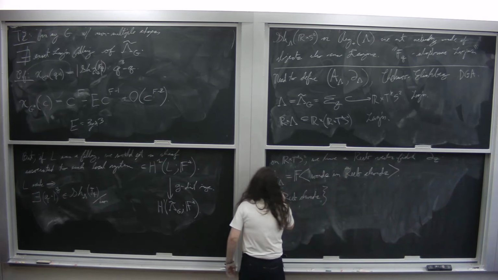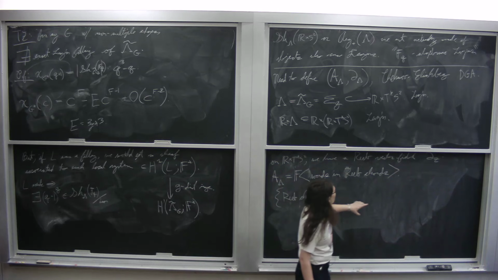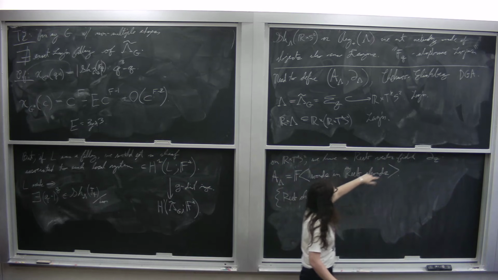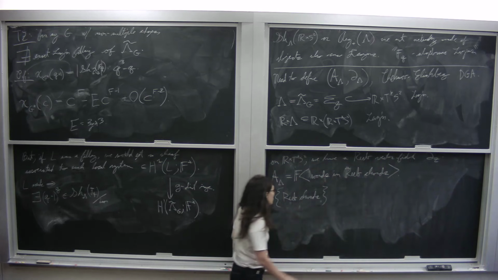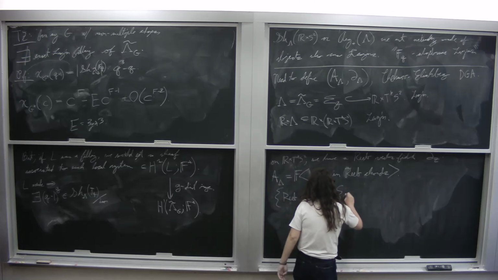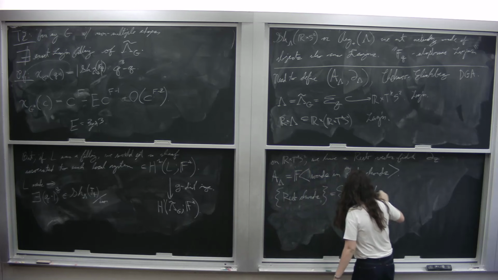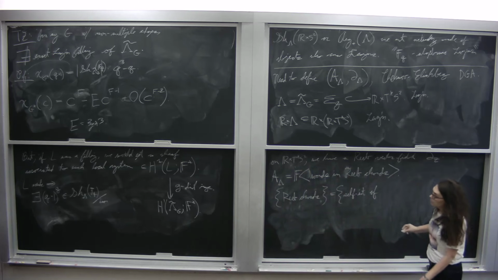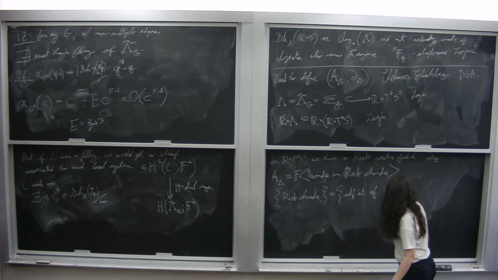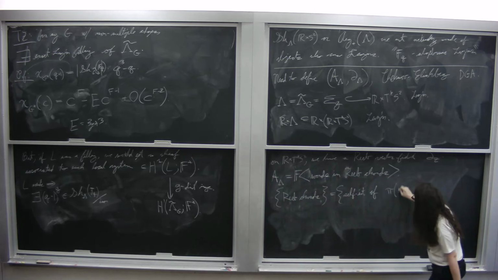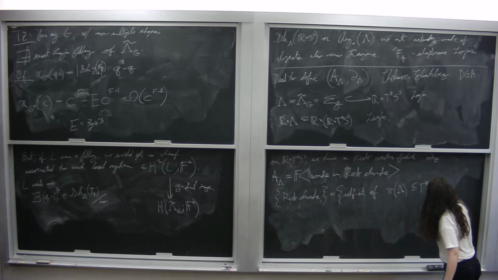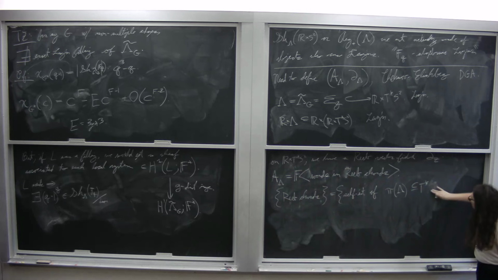But since in this example, the Reeb vector field is just the kernel of this projection, this is going to be the same thing as the self intersections of, maybe I'll call it pi, but it's a different pi of lambda. So this is inside of T star S2.